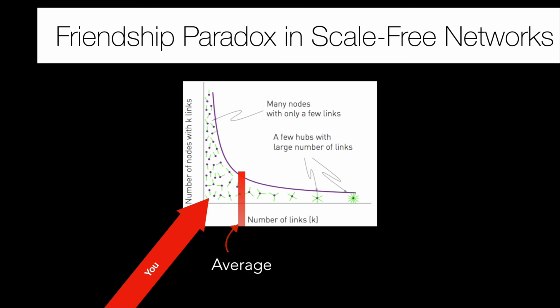But if you look at your friends and then their friends, you start to get 2 hops away, you're likely to encounter a hub, or at the very least, you're likely to have one of these hubs influence the overall average of the network, which pulls the average of your friends much higher than the number of friends that you have, yielding the friendship paradox.